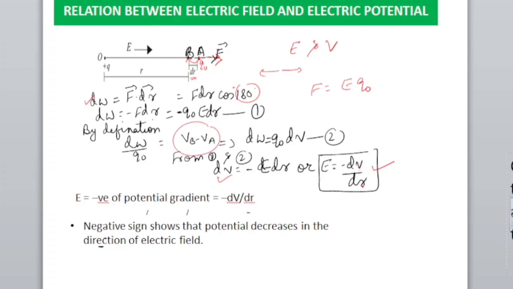If potential changes with distance, you can say the potential gradient is dV by dr. And this negative sign shows that potential decreases in the direction of the electric field. If the electric field is in this direction, then in this direction potential decreases. At this point, potential is greater than at point A, because potential decreases in the direction of the electric field. So I hope you understood very well.